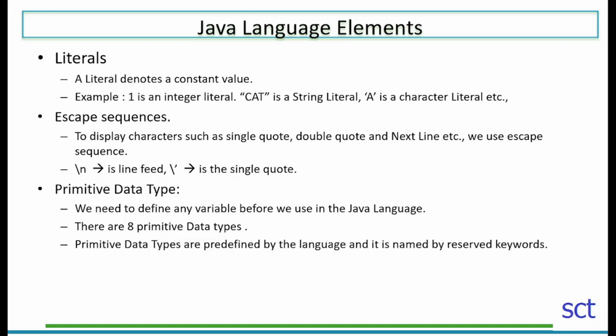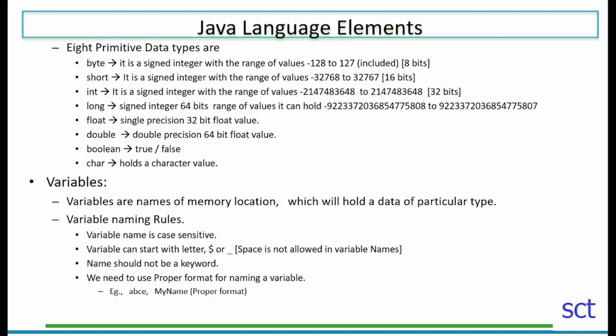They are also reserved keywords which cannot be used as a variable name here. The 8 primitive data types are byte, short, integer, long, float, double, boolean and character. And byte is nothing but which can store the value in the range from minus 128 to plus 127.